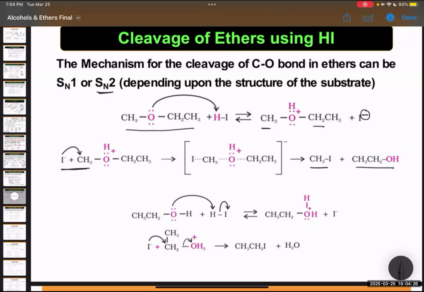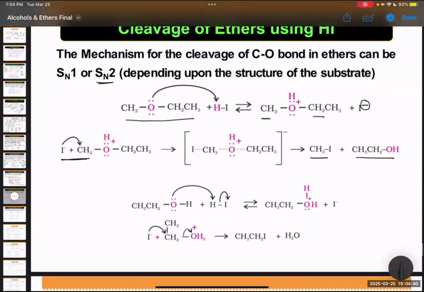So this is very important, right? And if you take 2 moles, this will also become iodide. But with 2 moles it is very easy because you can make both as iodides. But with 1 mole, you need to think whether to put I on methyl or on ethyl.